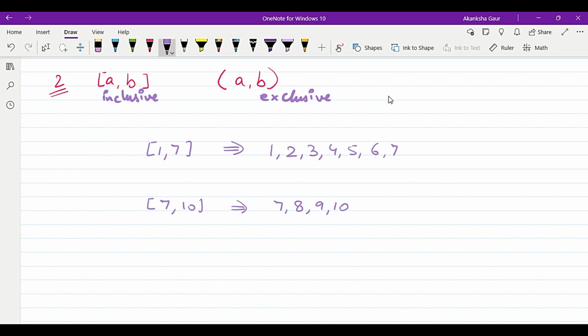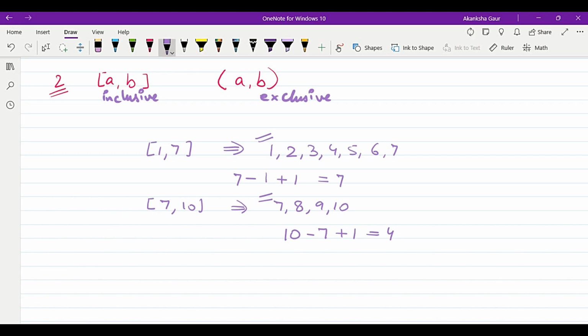If you see here, the total number of numbers inside this range would be 7 minus 1 plus 1, that is 7. As you can see over here, we have 7 numbers. Similarly, over here, you have 10 minus 7 plus 1. That gives me 4. As you can see here, we have 4 numbers.